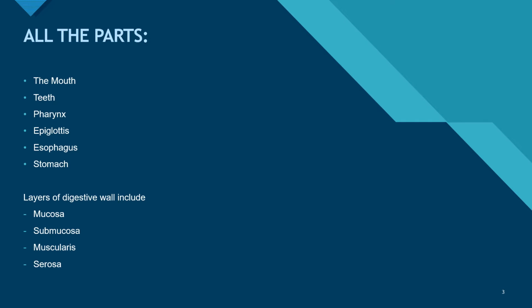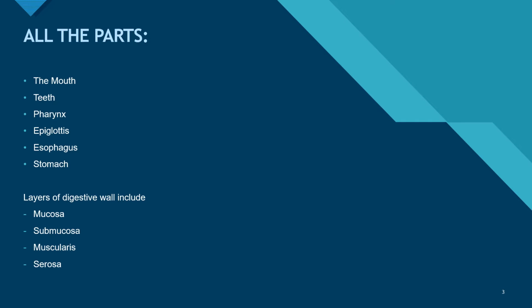Speaking of this esophagus, the esophagus is a muscular tube that passes from the pharynx throughout the thoracic cavity down all the way near to the diaphragm. It does something called peristalsis, which is, remember, the muscular contractions that push food down the digestive tract, and that's what's known as mechanical digestion.